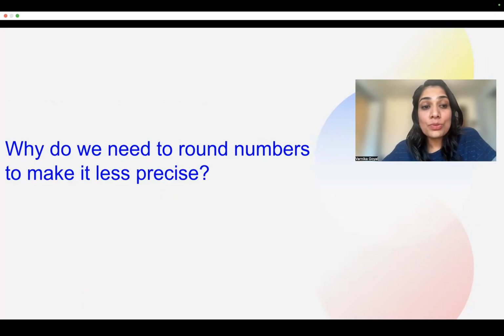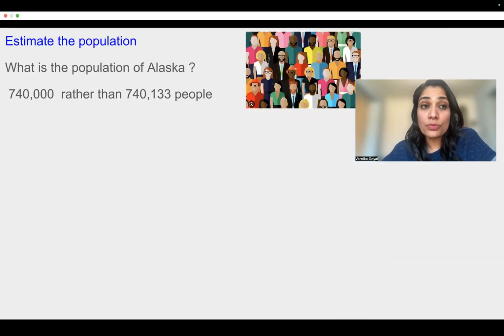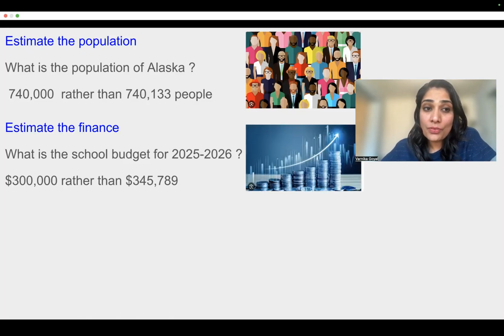So why do we need to round numbers to make it less precise? If you want to consider the case when you want to find the population, say if you want to find what is the population of Alaska, isn't it easier and makes sense to remember it as 740,000 rather than the exact number, 740,133 people? What about in case of the finance industry?